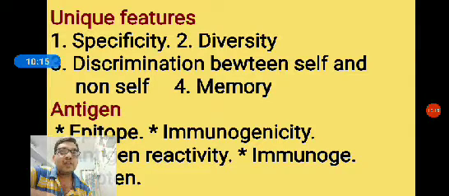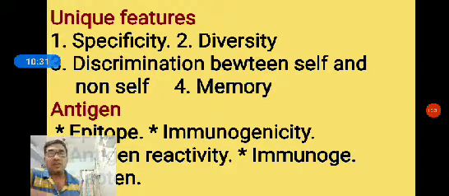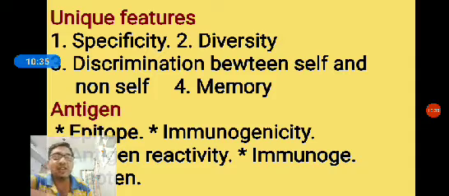An antigen which has both immunogenicity and antigenic reactivity, such type of antigen is called complete antigen or immunogen. So immunogenicity and antigenic reactivity, these two are the characters of antigen.